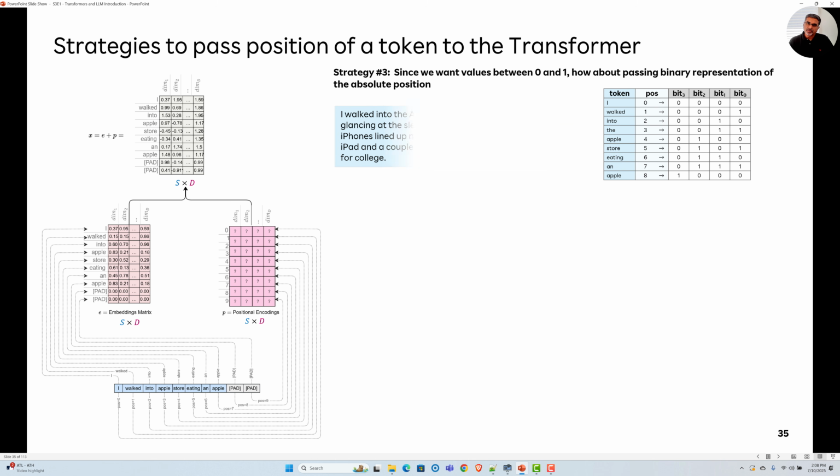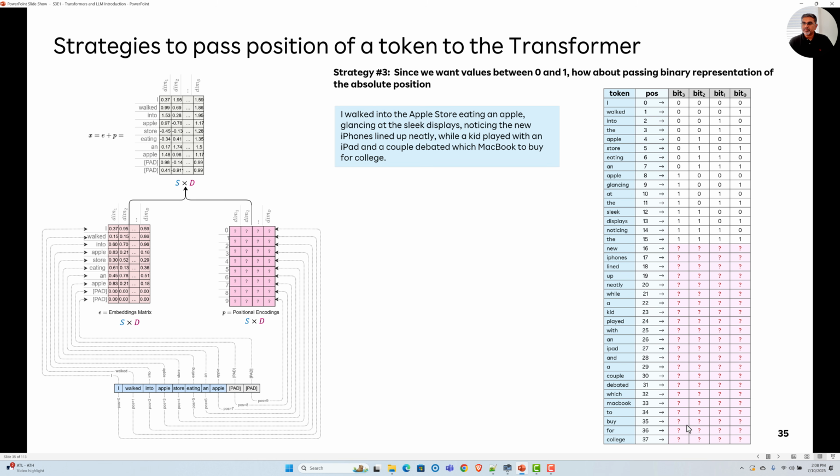Perfect, right? Actually, no. Because the problem with something like this is, let's say that I increase the sentence length. I walked into Apple store eating an apple, glancing at the sleek displays, noticing the new iPhones lined up neatly, while a kid played with an iPad and a couple debated which MacBook to buy for college. This will be a much larger sequence.